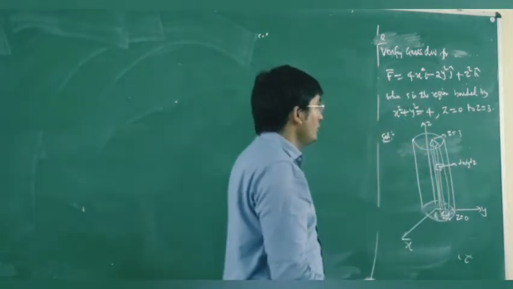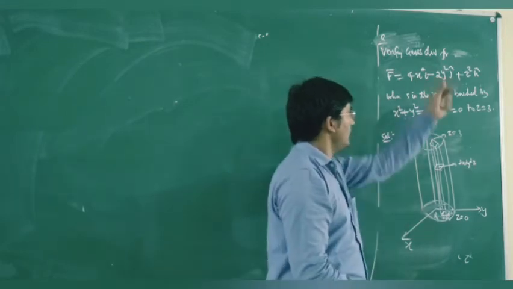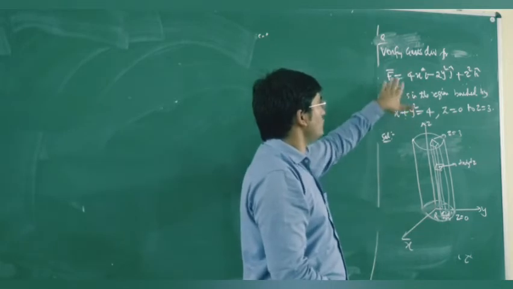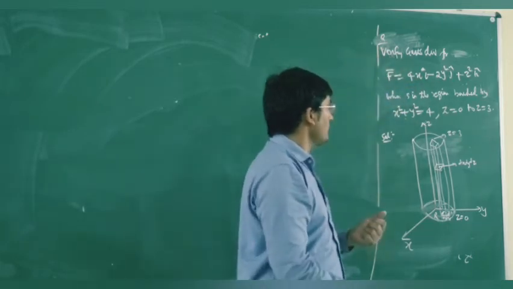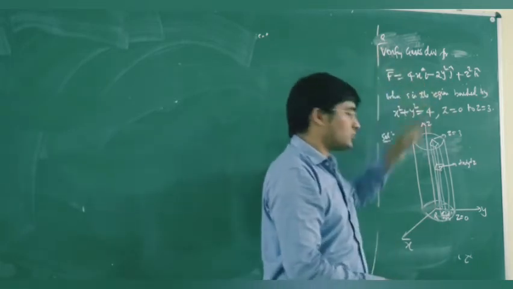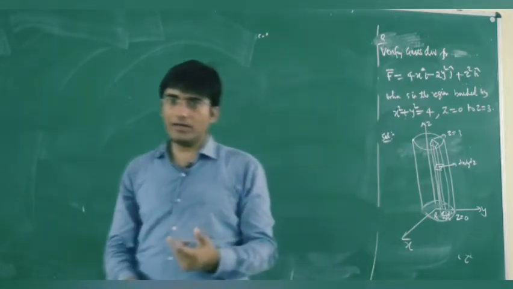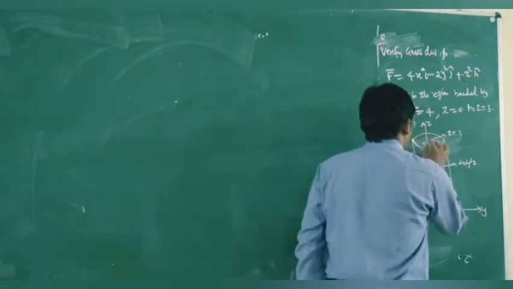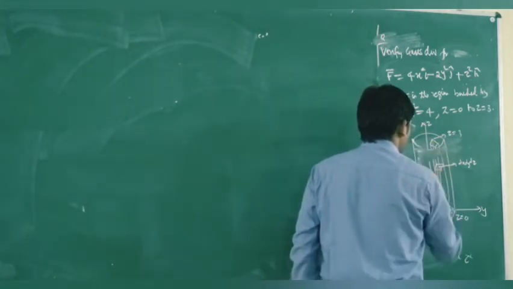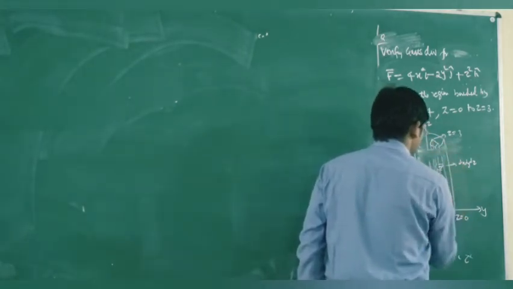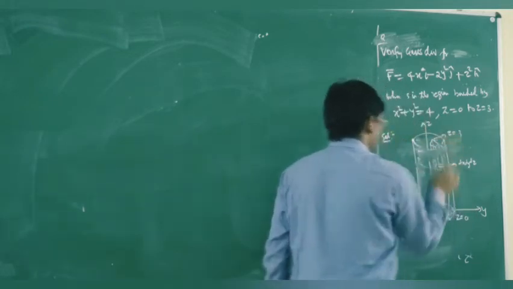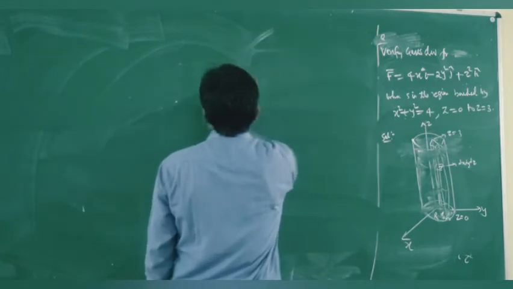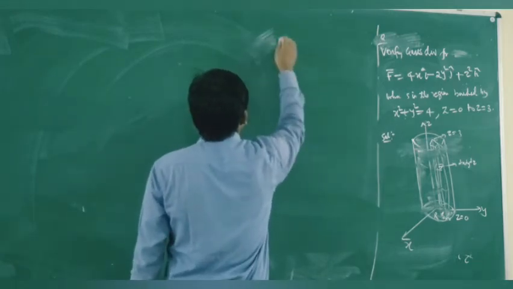Now we have to verify this Gauss Divergence Theorem for this vector point function. For that we need the surface integral as well as the volume integral. So first we have to evaluate the volume integral.